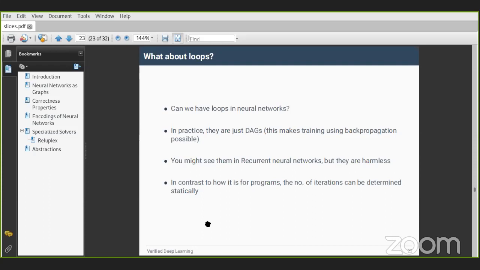So you don't need to run the network. For an input, you can find out the number of iterations statically, and then you can simply unroll the graph. So basically, the graph becomes as many times bigger, but you escape the question of loops. So in principle, we'll not have to worry about loops. Notice that if you're trying to verify programs, this is not how it works.